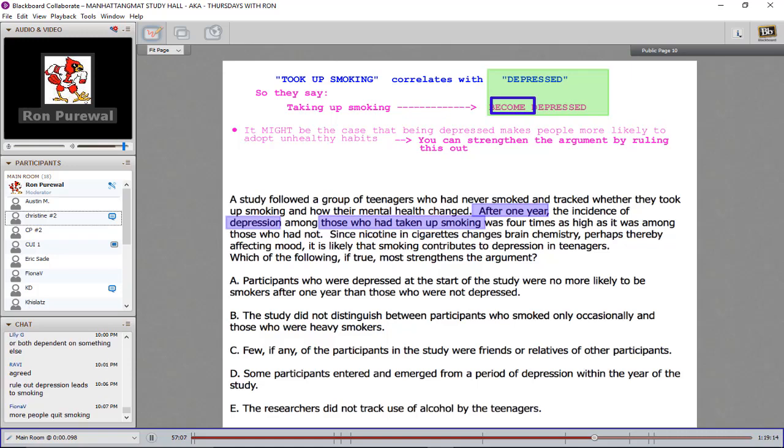So we're not looking at the quitters because the quitters are not relevant data points. They're looking at the people who started smoking within that year. And they're saying, okay, that tells me something about them actually turning into depressive people during that year.